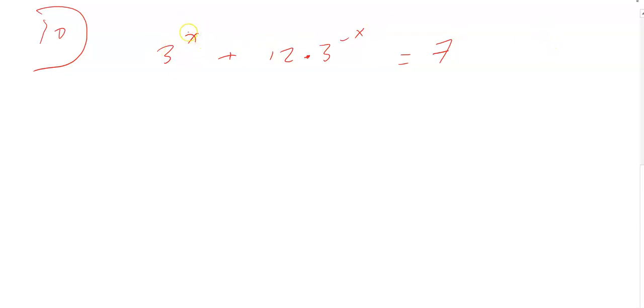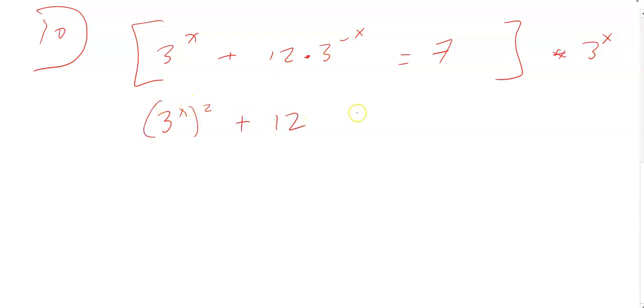Look at 3 to the negative x and 3 to the x, and we want to transform this a little bit by multiplying through everything by 3 to the x. So what we'll have is 3 to the x squared plus 12 is equal to 7 times 3 to the x, and then do some algebra here. 3 to the x squared minus 7 times 3 to the x plus 12 equals 0.